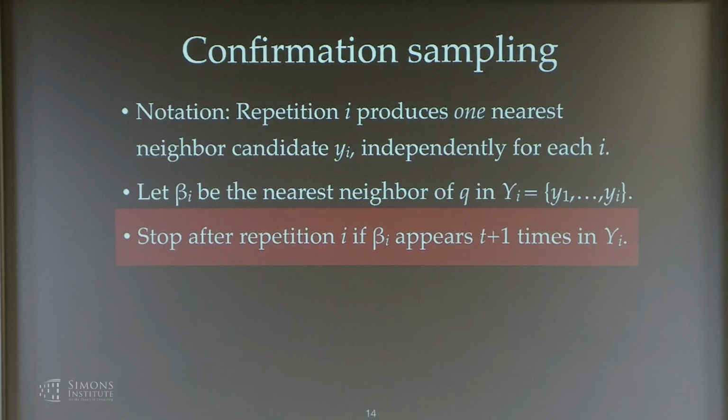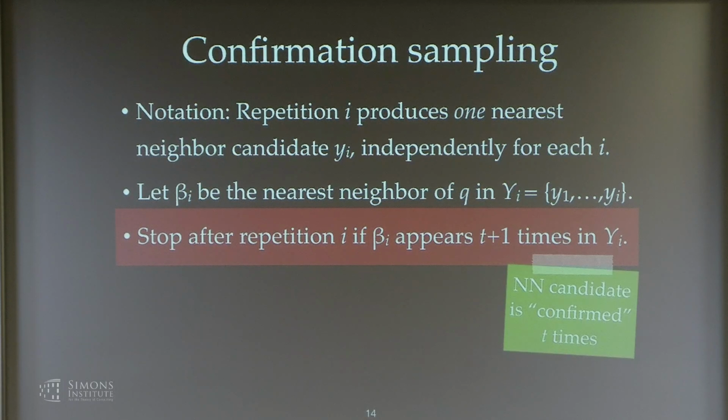So in other words, we get a nearest neighbor candidate beta. We see it for the first time, and then we see it t more times without seeing anything that is closer. Okay. Then we say that this nearest neighbor candidate is confirmed t times. So when Tobias told me about this idea for the first time, I actually thought that it probably didn't work, until we realized that it did.